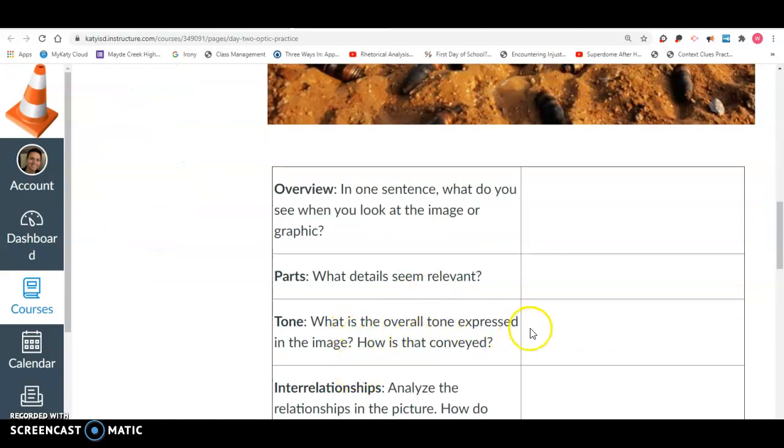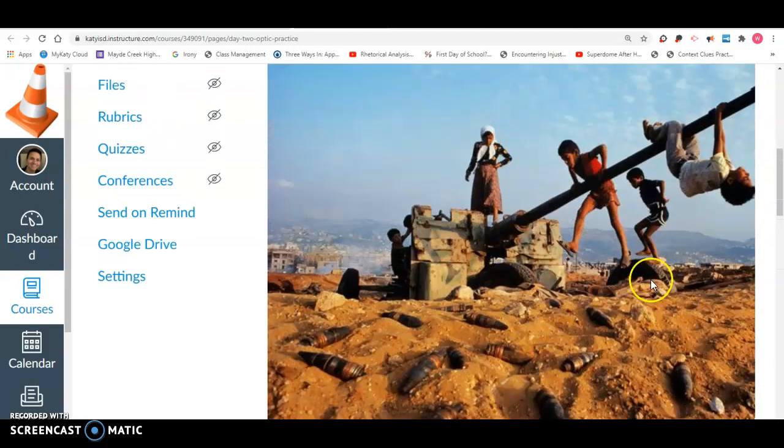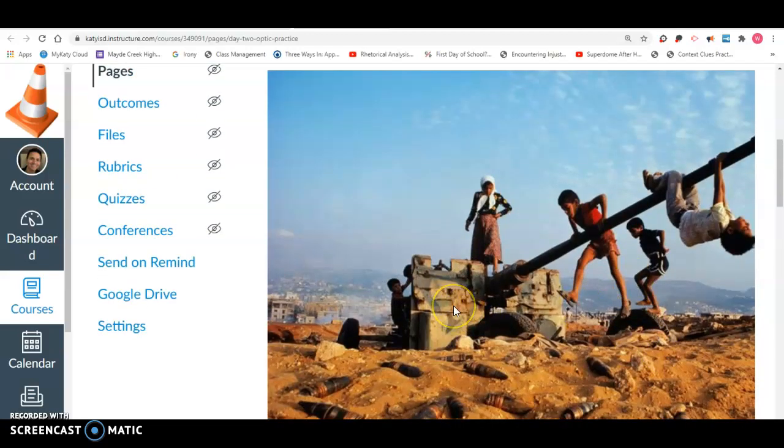Tone. What's the overall tone in this image? How is it shown? It's a playful tone. We have kids playing on it. This is normally a weapon of destruction. Bullets are flying out, soldiers, and this one is much different.